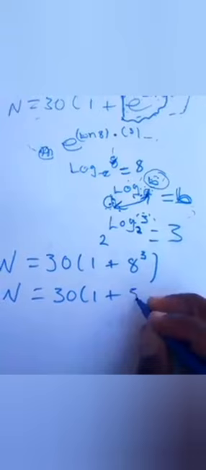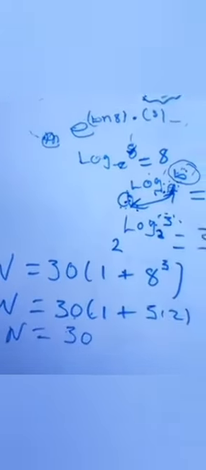So 8 raised to the power of 3 would be 512. n is equal to 30 times 512.